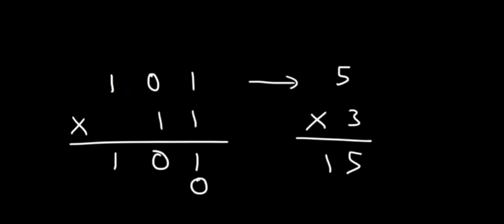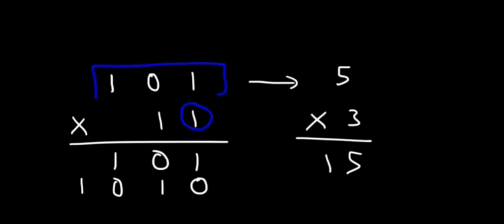And fill that place up with 0. 1 times 1 is 1. 1 times 0 is 0. And 1 times 1 is 1. You just do it the way you do normal multiplication of numbers, as you can see.